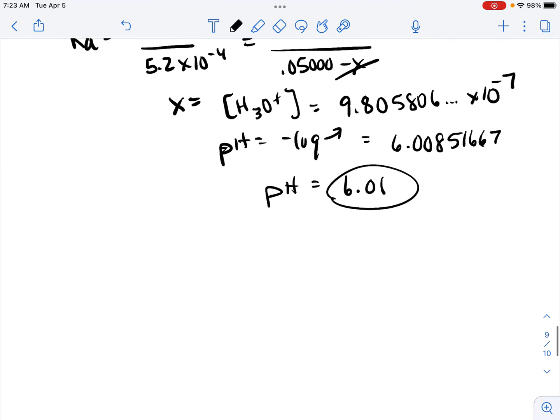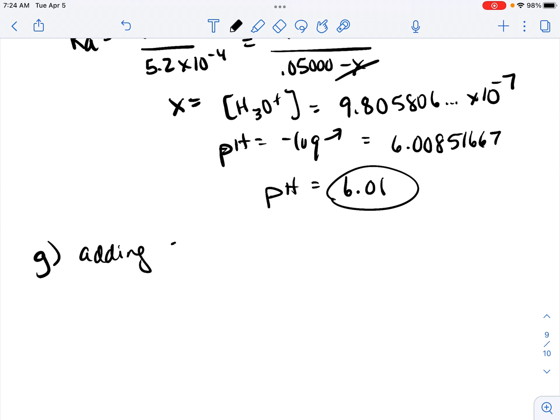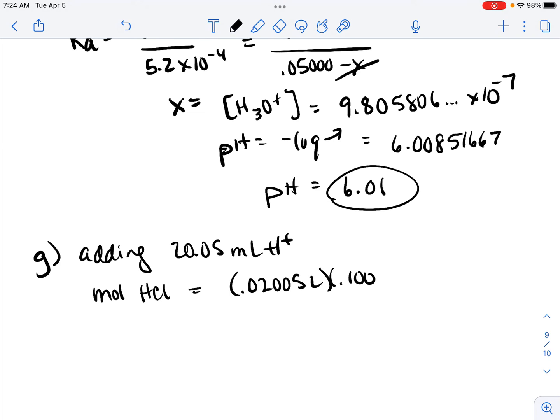All right. And then finally, the last one here is after adding 20.05 milliliters of H plus or HCl, and this is past equivalence, so I need moles of HCl, which is going to be the 0.02005 liters times 0.1 molar, which gives me 0.00205 moles of H plus.